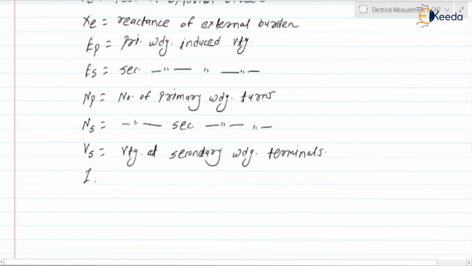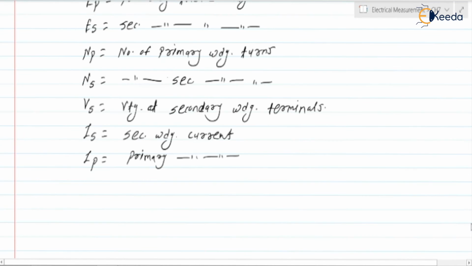IS is the secondary winding current. Next, IP is the primary current or the primary winding current, that is the IP.